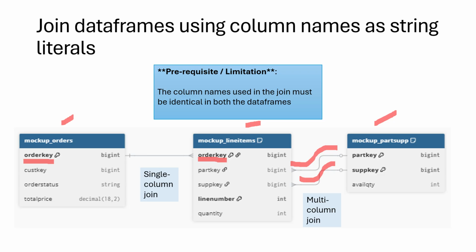Although we may not prefer writing joins using string literals due to its limitation, we may see examples on the internet that use string literals. So, good to be aware of this approach to write join conditions too. Let us switch over to the notebook and see the code.